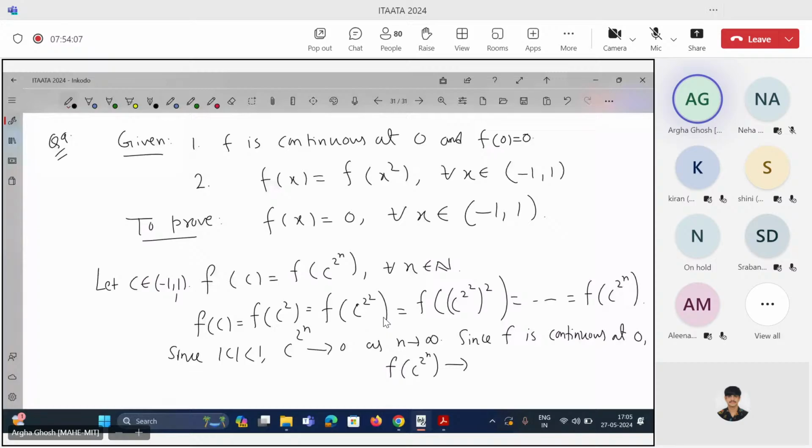Now f of C to the power 2 to the power n is nothing but the constant sequence. So f of C converges to 0. Therefore, f of C equals 0. Since C is arbitrary, it is 0 for every C. So we proved that. Great.